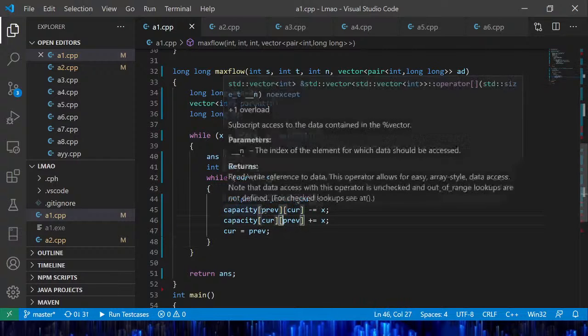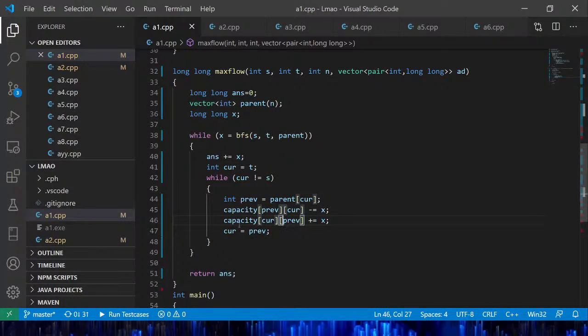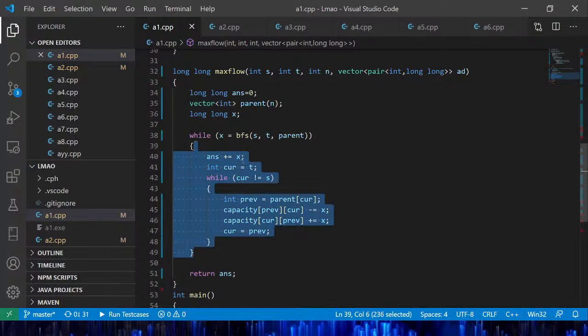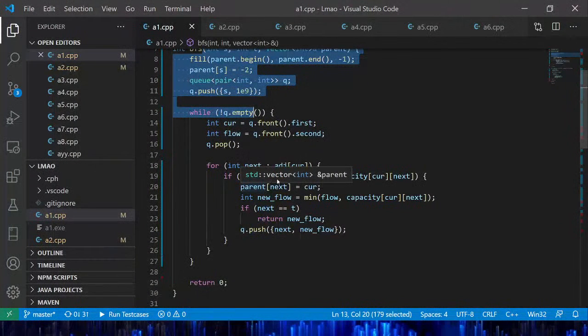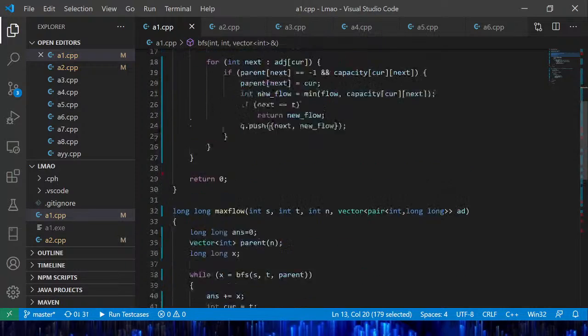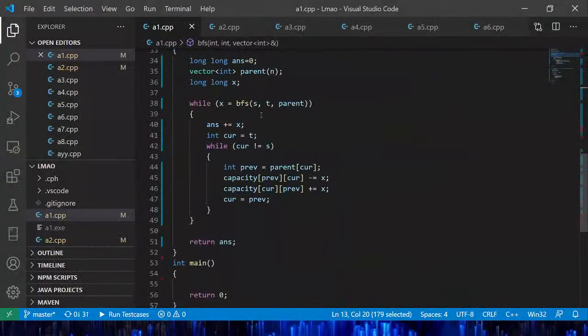So capacity of previous to current minus equal to x, capacity of current to previous plus equal to x, and this is basically from this BFS function. BFS is simply running a BFS and also setting the parent nodes from where we have reached this value, right? So this is running the BFS, and this is setting up the capacities after each round.